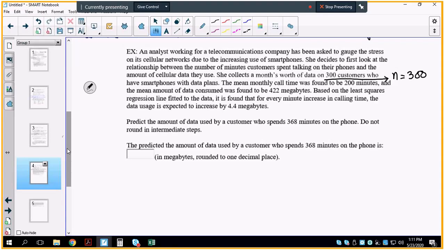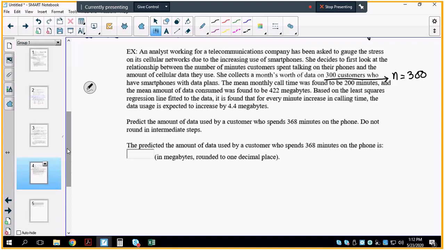The mean monthly call time was found to be 200 minutes. The mean amount of data consumed was found to be 422 megabytes. Based on the least square regression line fitted to the data, it is found for every minute increase in the calling time, the data usage is expected to increase by 4.4 megabytes. So at this point, I have a little bit of an idea.